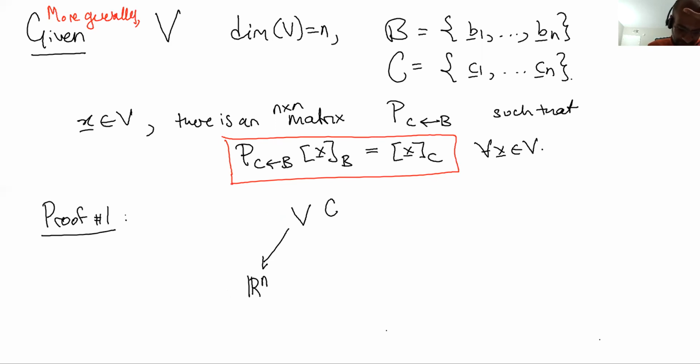I'll just call it the coordinate mapping, right? We've been talking about this for a while. I have the B coordinate mapping, which is an isomorphism between V and Rn. And then I have another coordinate mapping, which is the C coordinate mapping.